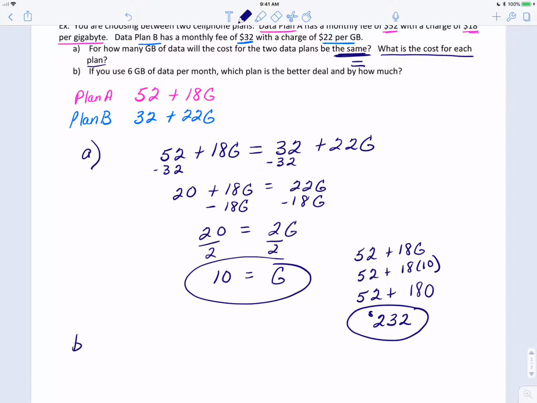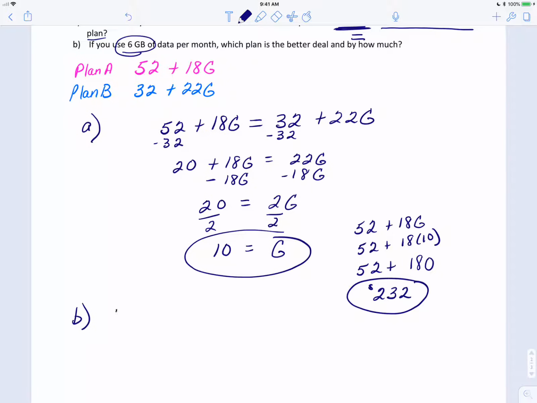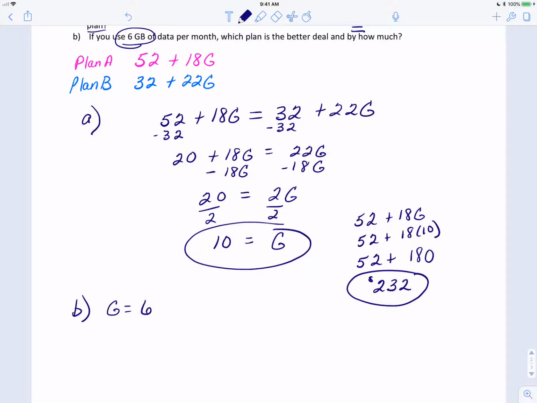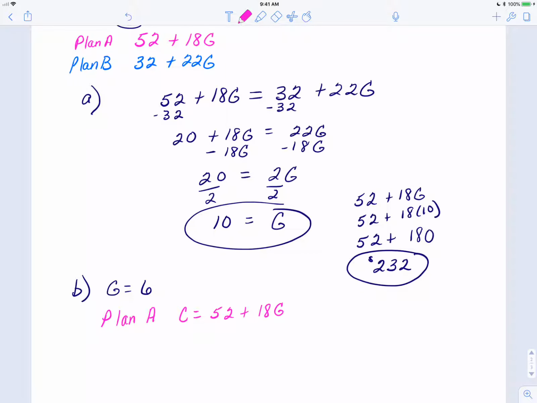Okay, so part B says if you used 6 gigabytes of data per month, which is the better deal? Well, in that case, we're going to say G is 6. So what happens with plan A when G is 6? My cost here is equal to that 52 plus 18G for plan A. Let's see what happens for that cost at 6 gigabytes.